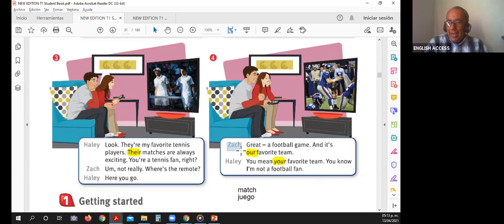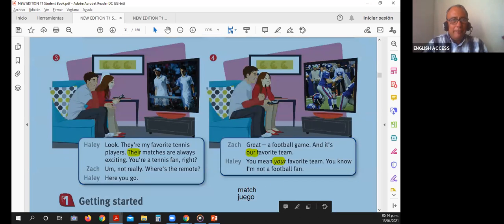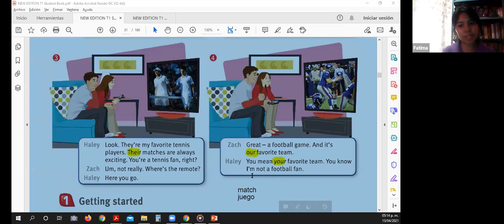Using the name Zach, how do you say it is his favorite team? ¿Cómo diríamos que es el equipo favorito de Zach? Not using these pronouns, sin usar possessive adjectives. ¿Cómo sería? Exactly.